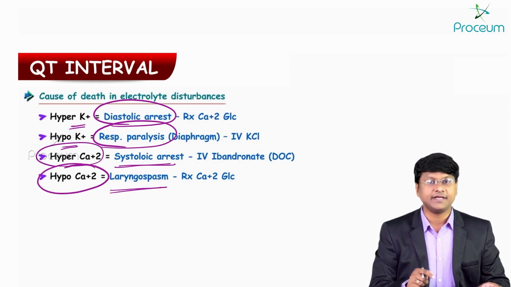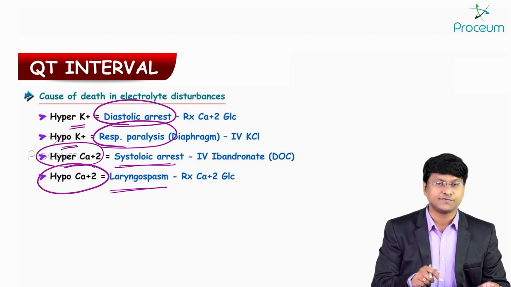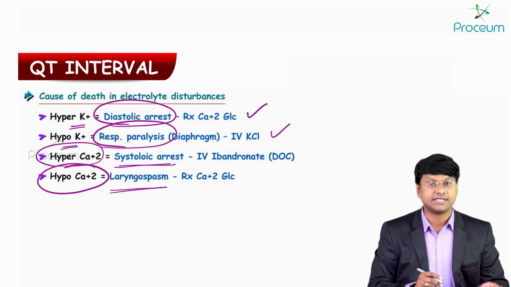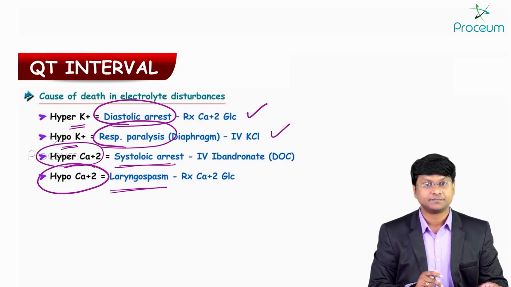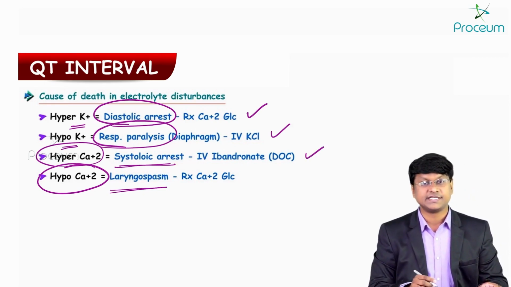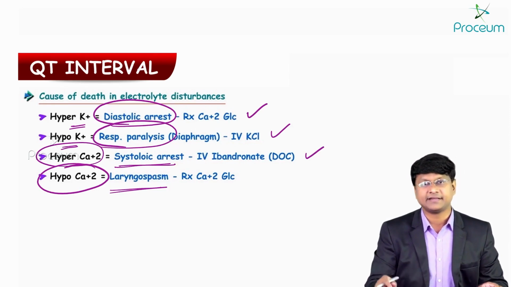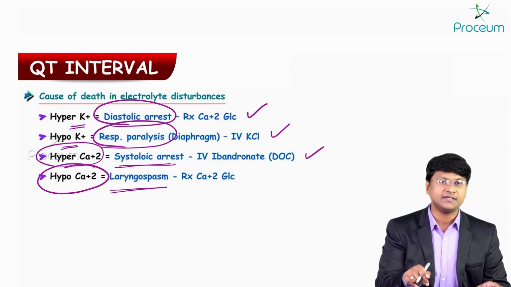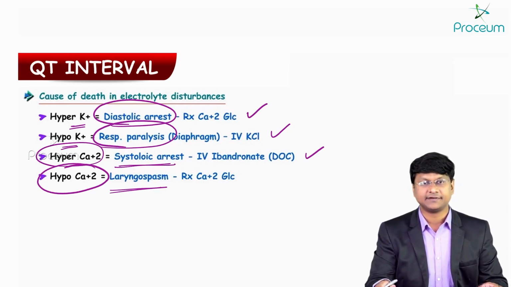So in hyperkalemia, the drug of choice is calcium gluconate. In hypokalemia, the drug of choice is potassium chloride supplementation. In hypercalcemia, the drug of choice is ibandronate, if it is secondary to hyperparathyroidism, whereas the first line drug in hypercalcemia is intravenous normal saline.